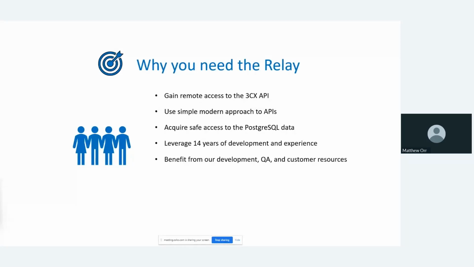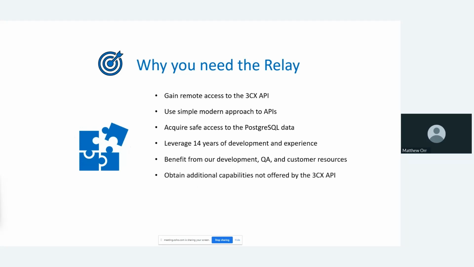So we find bugs usually before most of our customers are even aware that there's an issue. Again, we also provide additional capabilities that aren't currently offered by the 3CX call control API.